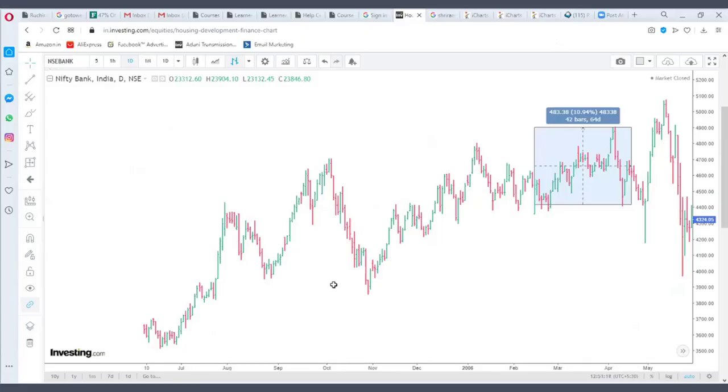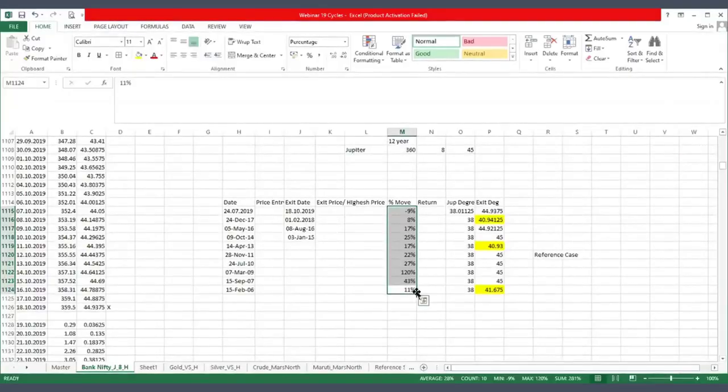So we have so far seen 10 cycles. Now someone is asking about the cardamom cycle.